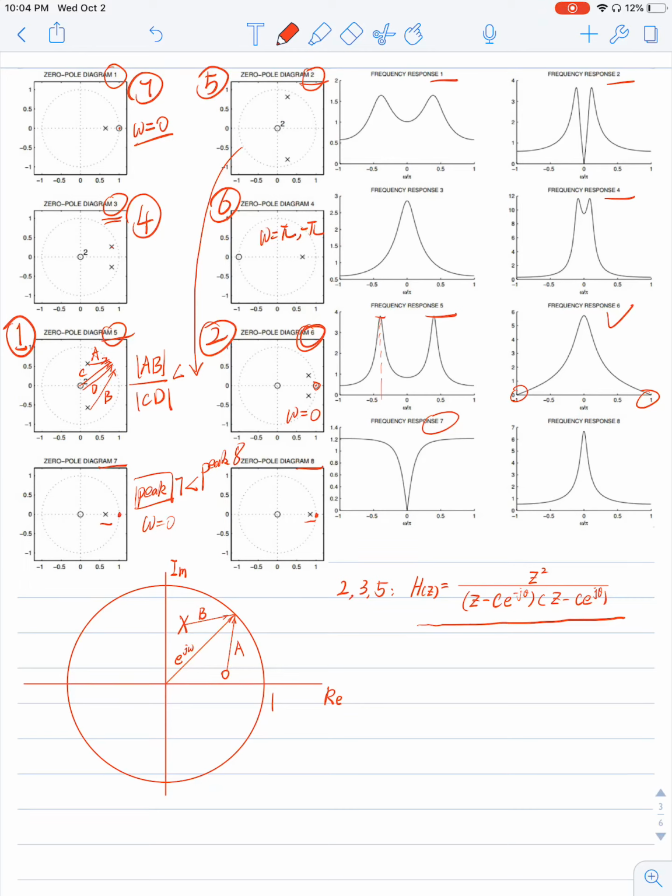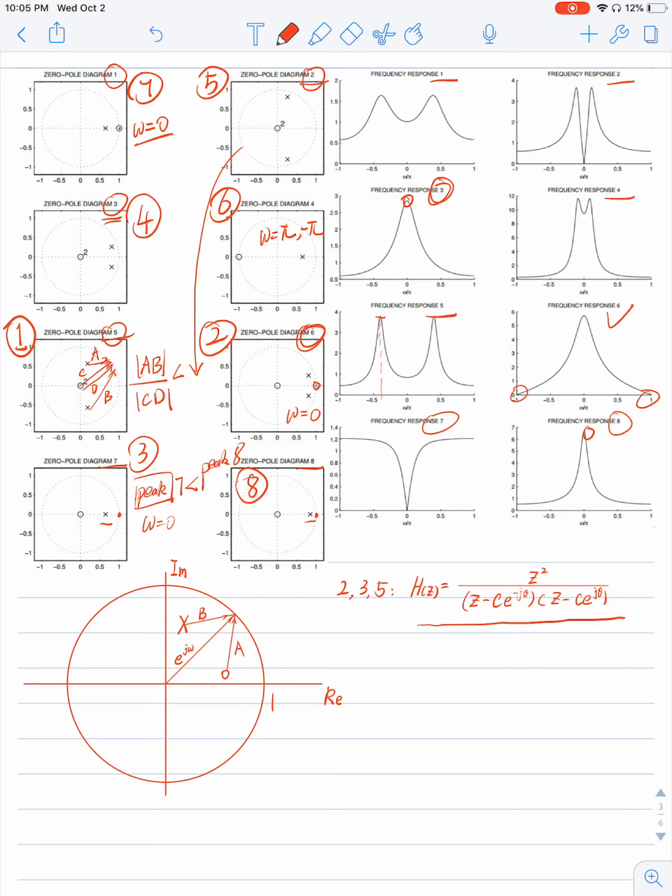So the only two left frequency responses are 3 and 8. And 3 has the lower peak magnitude. So 3 is for diagram 7 and 8 is for diagram 8.